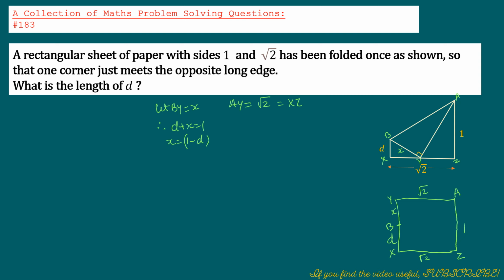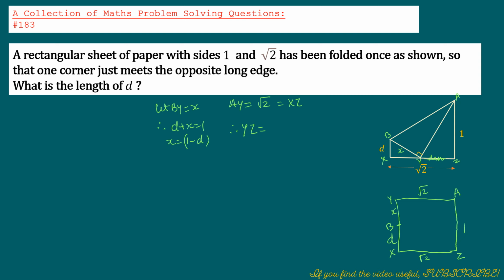So the next thing we can say is, what is YZ? We can find YZ. So this is YZ.